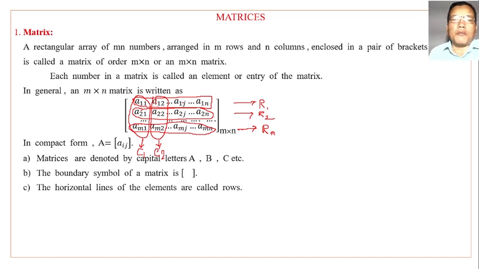Then the j-th column is C j, and the n-th column is C n.